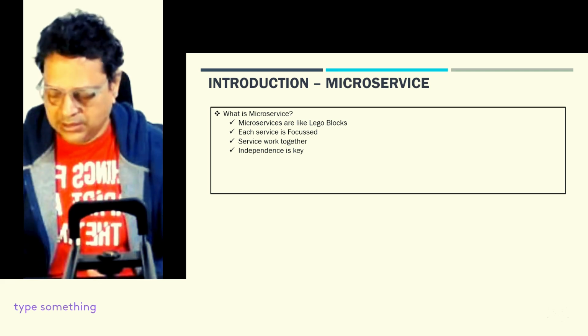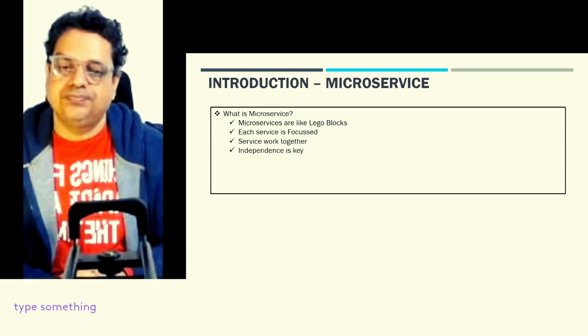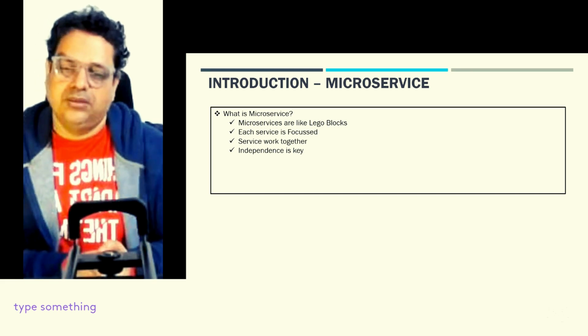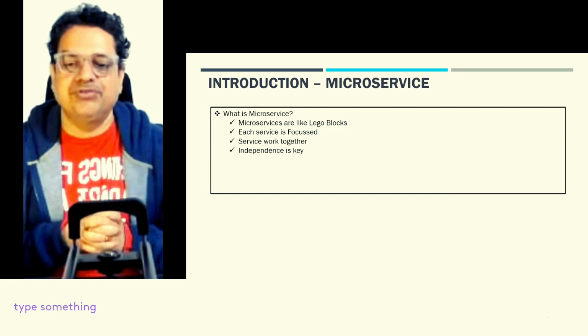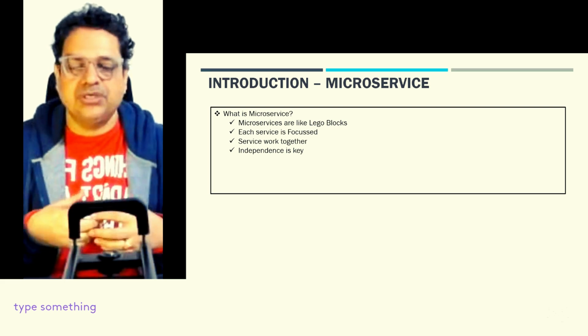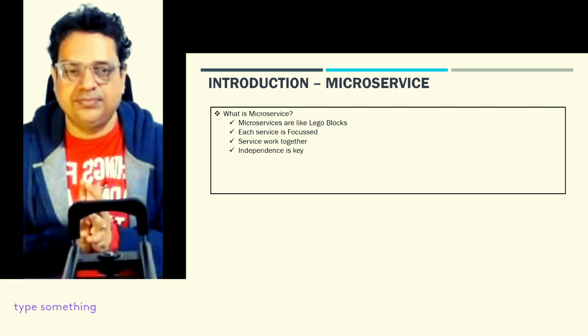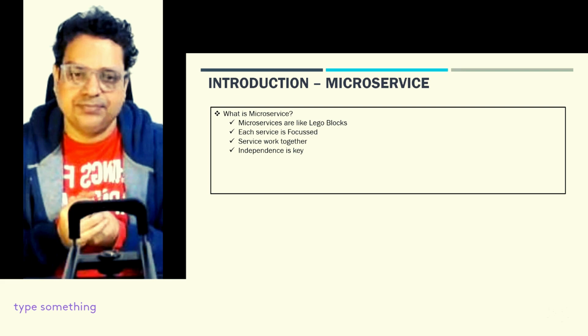Now the next key feature here is different languages and technologies. Let me explain in simple words. In microservice architecture, you can use different programming languages or technologies for different services. Just like, suppose you want to build one complete model. A model is combined from different parts, right?